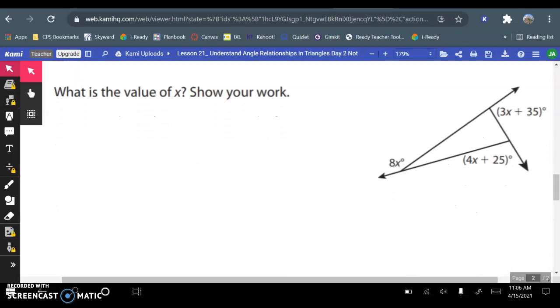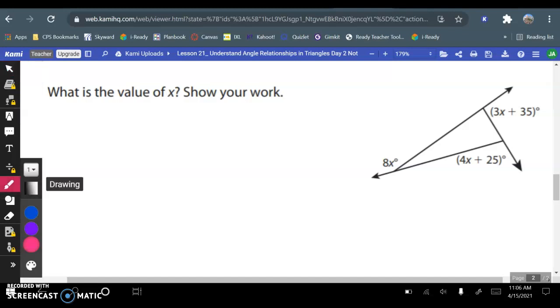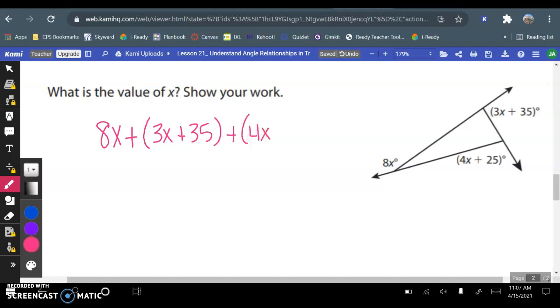And then looking at our last problem here, it says, what is the value of X and show your work? Well, we just learned that the three exterior angles add up to be 360 degrees. So 8x plus 3x plus 35 plus 4x plus 25 are going to give me 360 degrees.